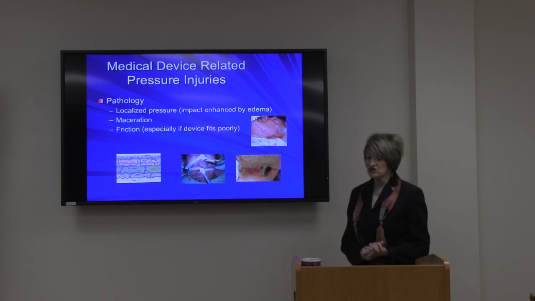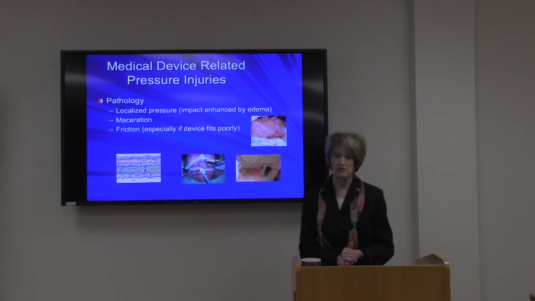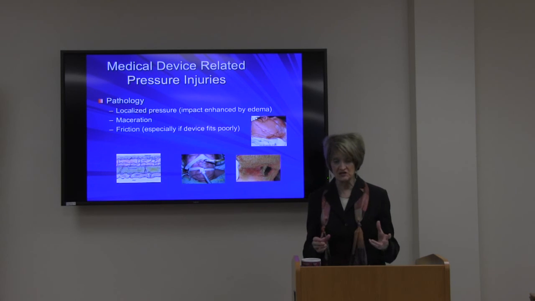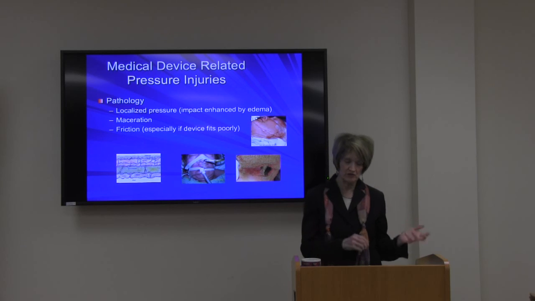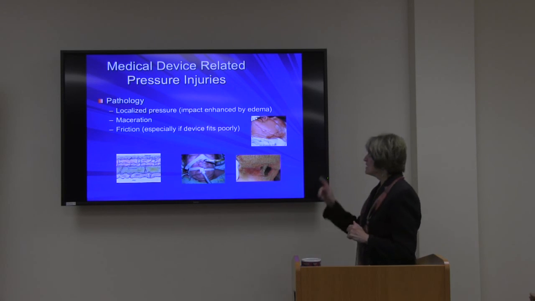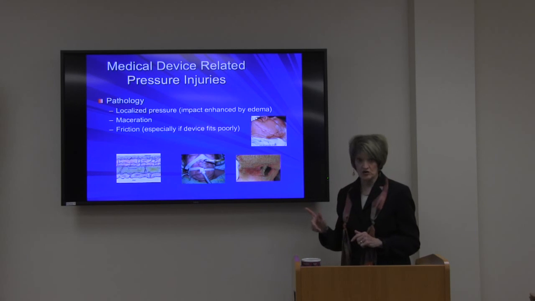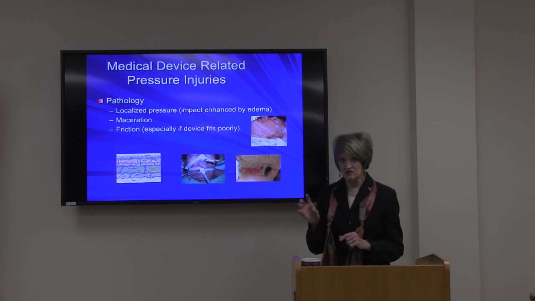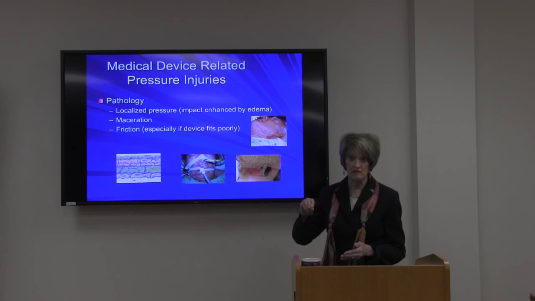The pathology for medical device-related pressure injuries is much the same as pressure injuries over bony prominences, but a little bit different. Localized pressure associated with medical devices can cause localized ischemia that's top down, not bottom up.